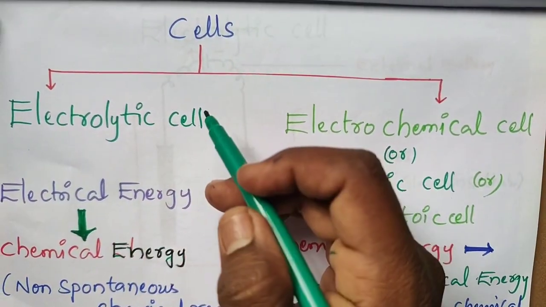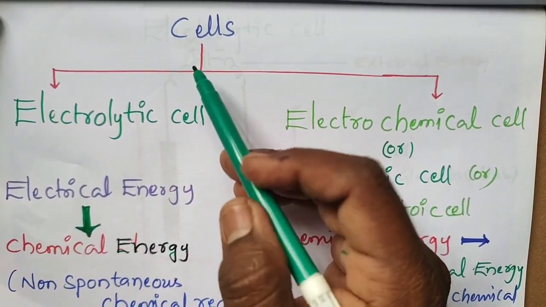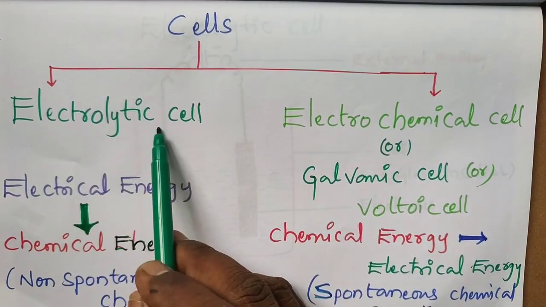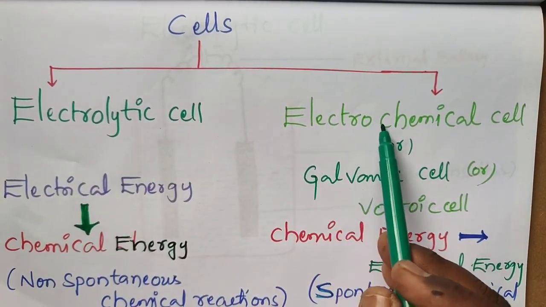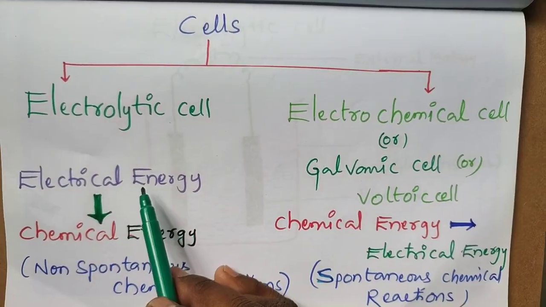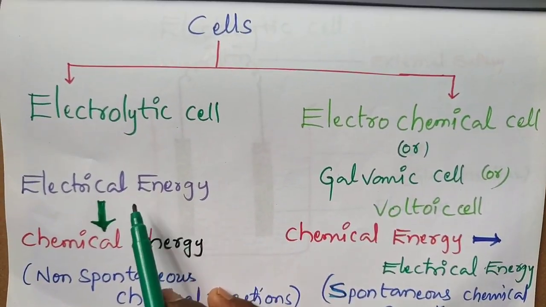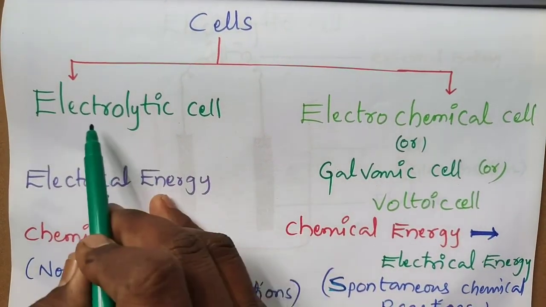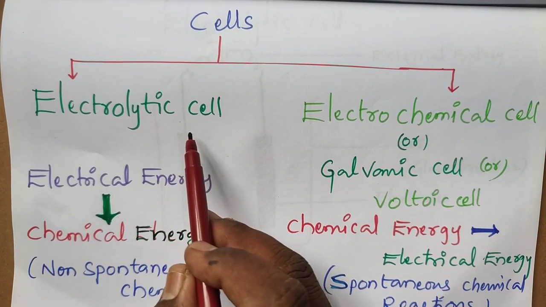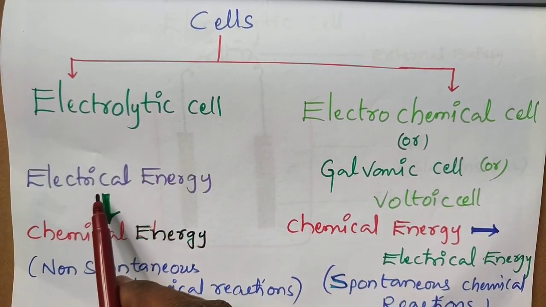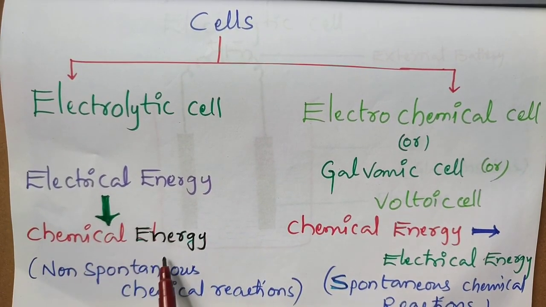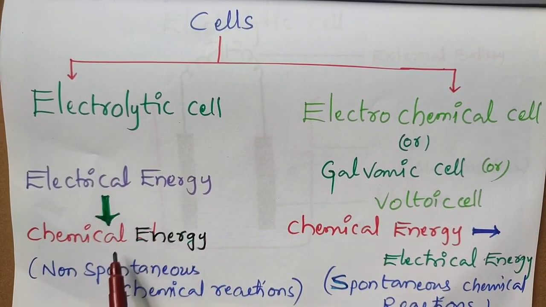Cells are classified into two types: the electrolytic cell and the electrochemical cell. Both contain differences. In the electrolytic cell, electrical energy is converted to chemical energy.